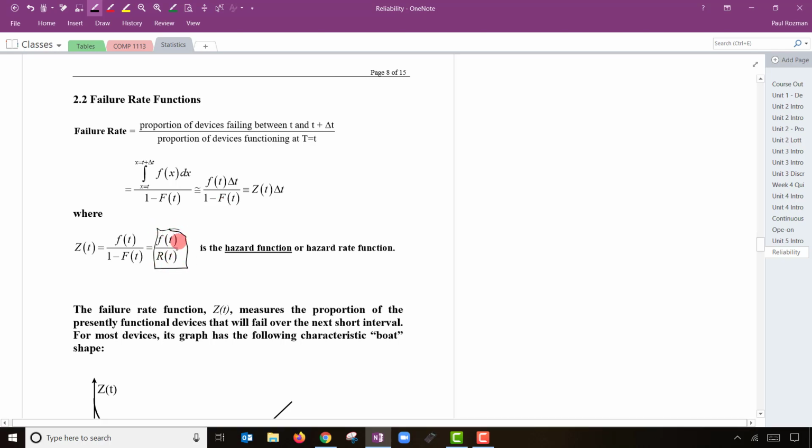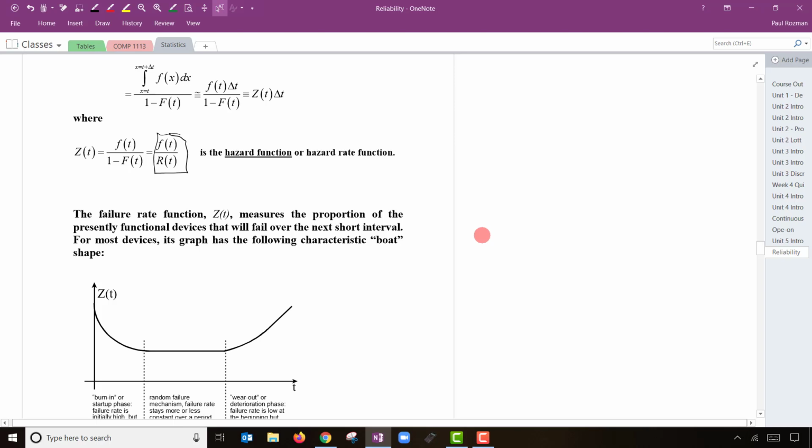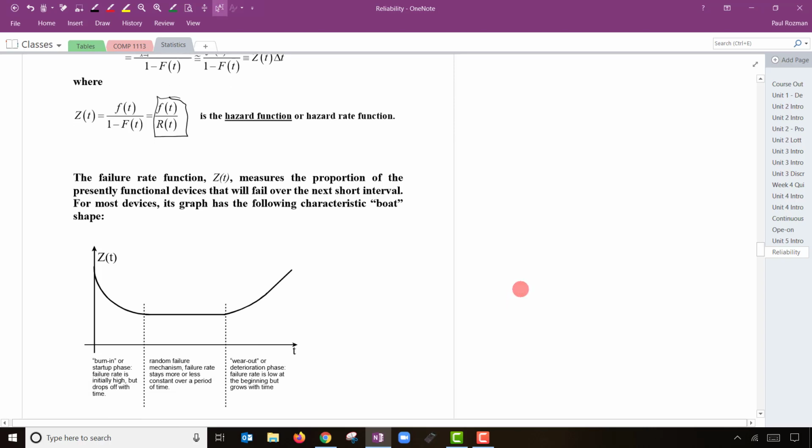And the formula for this will change depending on what model we're using, but the shape of the thing will typically look something like this, where here is the failure rate function. At the beginning, you have a high failure rate.